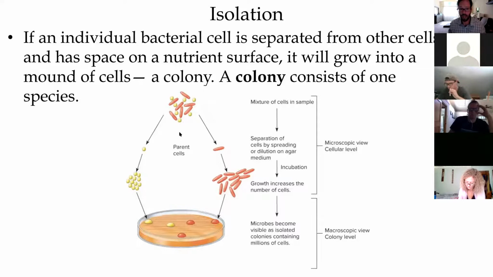In this case, the yellow circular ones are going to be cocci bacteria, and then these red rod-shaped ones are going to be bacillus bacteria. And so they go on the plates and they then grow up and form these colonies. And those colonies, then we can pick out, and that's going to separate it. Either if we want the red or the yellow, it's going to separate out.